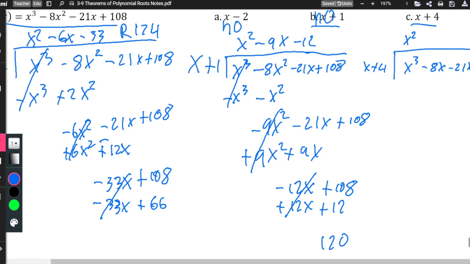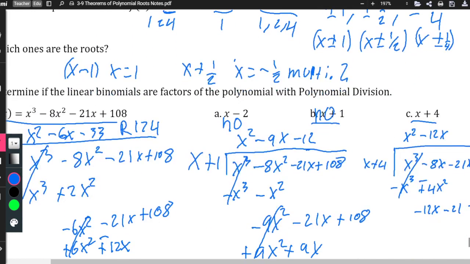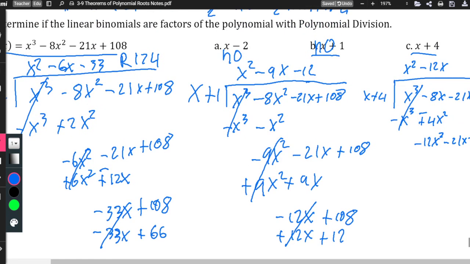Starting off the same, we have x squared. Sorry, x cubed. Keep making that mistake. When we flip our signs, those cancel. That should be positive x. So this would be minus 12x squared minus 48x.